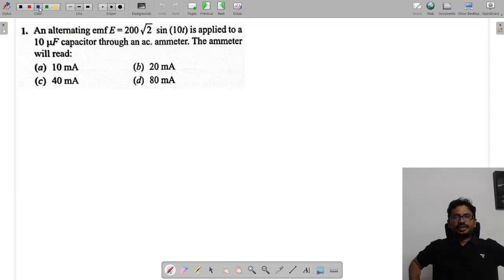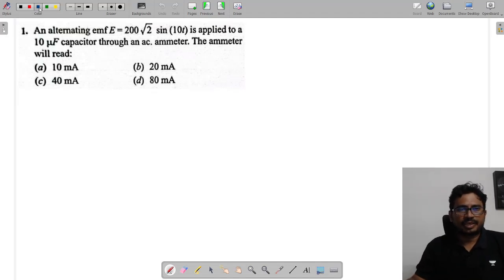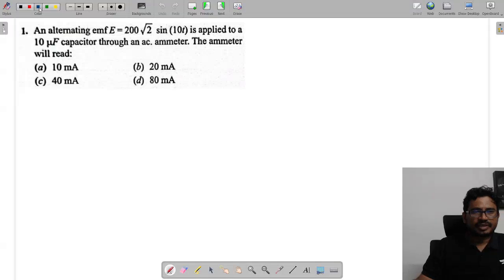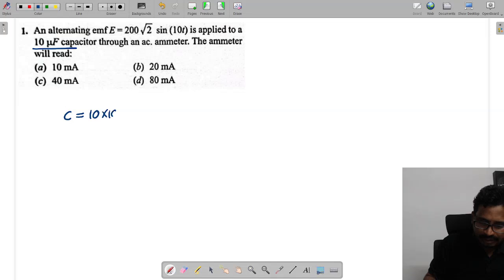An alternating EMF E equal to 200 root 2 sine 10 pi t is applied to a 10 microfarad capacitor through an AC ammeter. The ammeter reading is? The capacitance C is given as 10 microfarads, and the supply voltage is given as 200 root 2 sine of 10t.